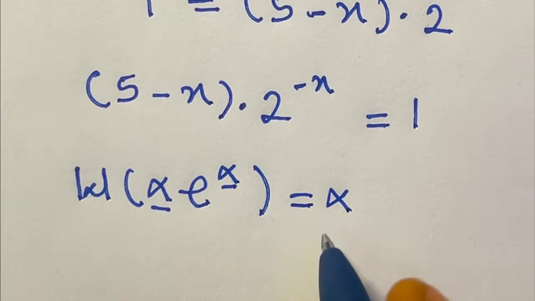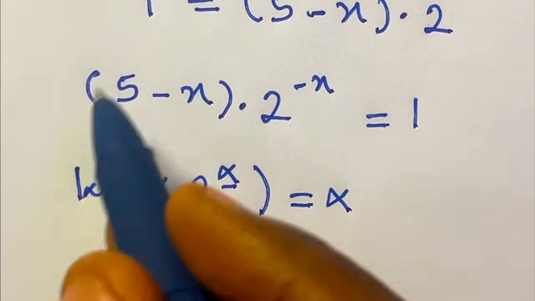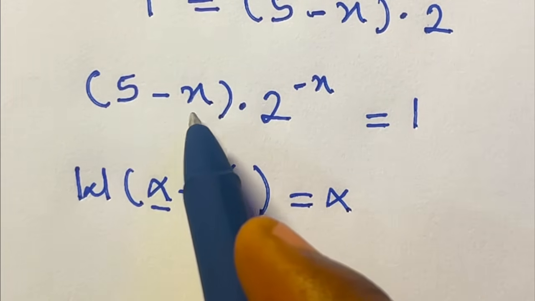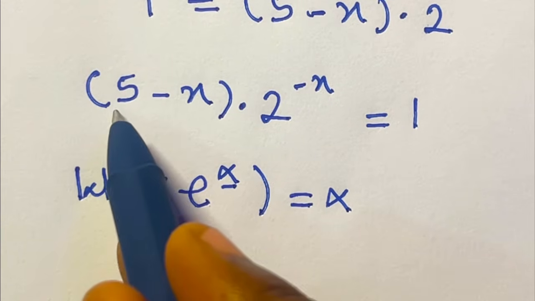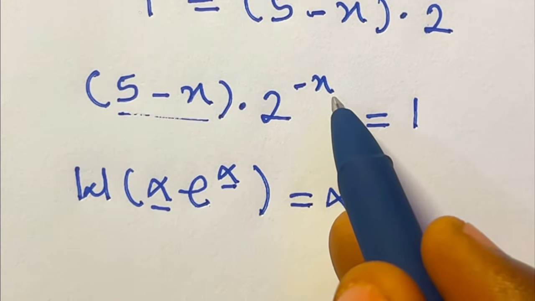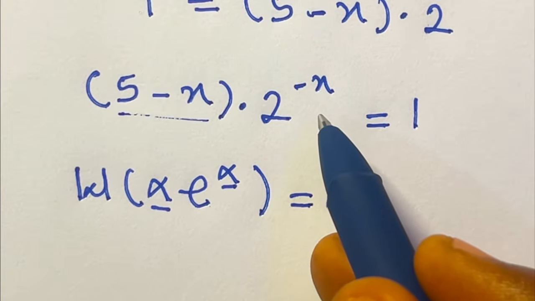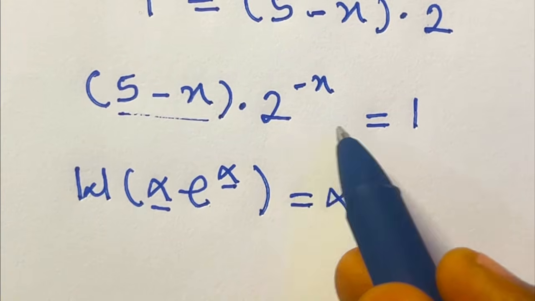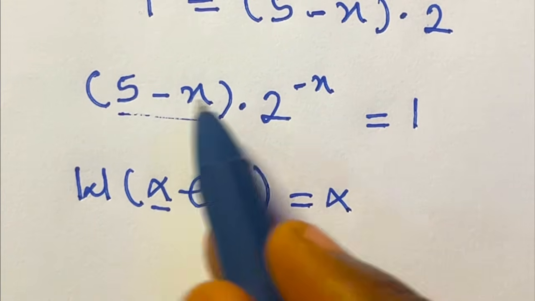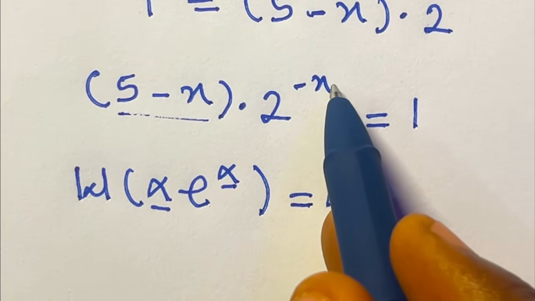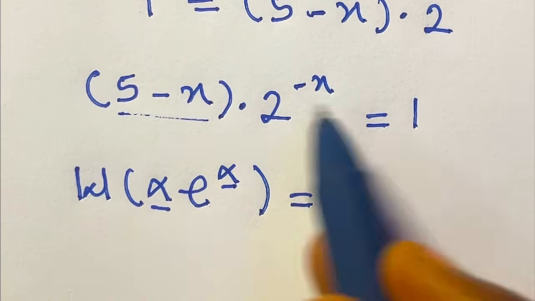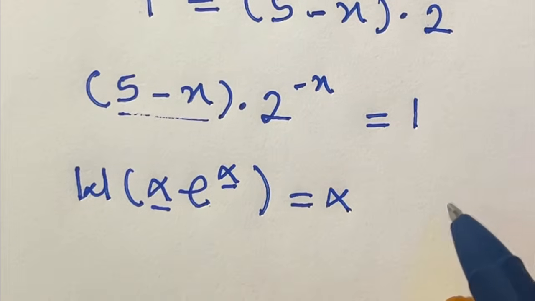By applying that, to make it happen, we have to make this base and this power the same. To do that, we multiply both sides. Since we have minus x here and minus x here, what we are going to have here is that this power is 5, so we can multiply both sides by 2 raised to power 5.